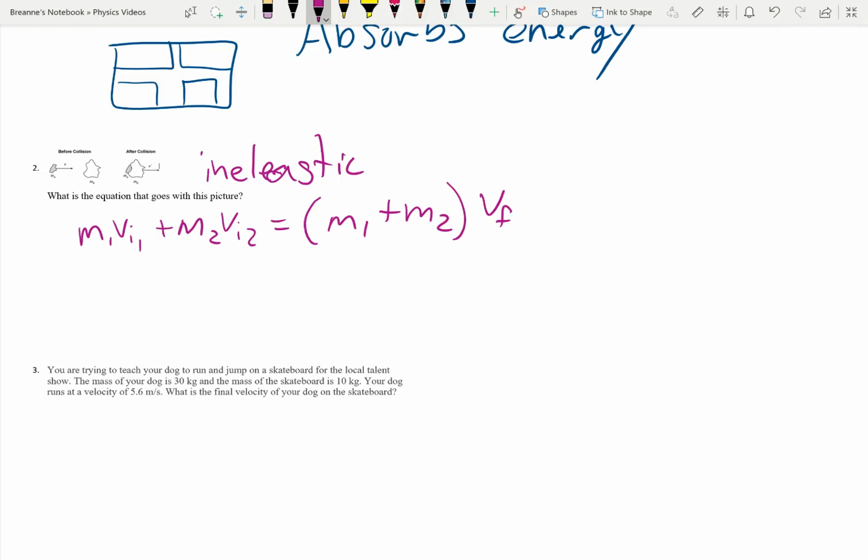So now we can plug in what we got. It says what equation goes with this picture. So M1 turns into M capital A, and VI1 just turns into V, plus we had a lowercase a.